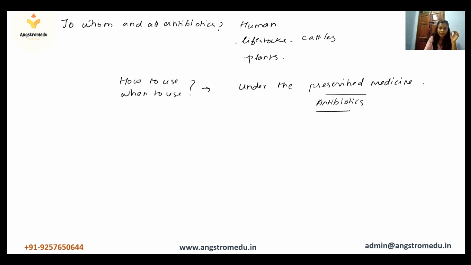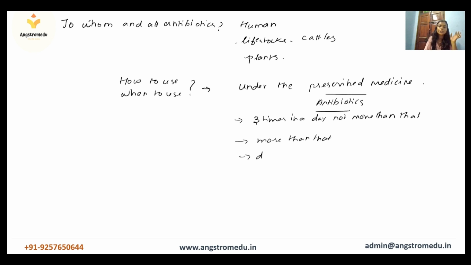If they have told us to take it three times a day, we have to take it three times a day, not more than that and not below that either. Why? Because if we take more than that, or use antibiotics without the cause of any disease, what will happen?